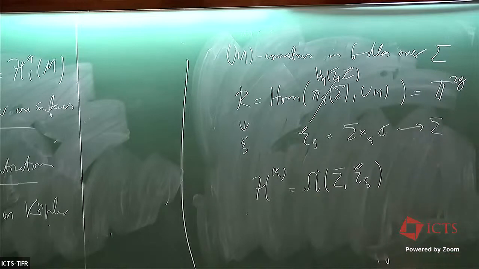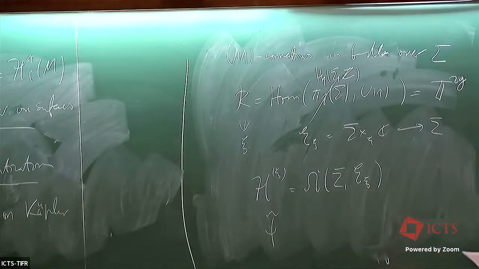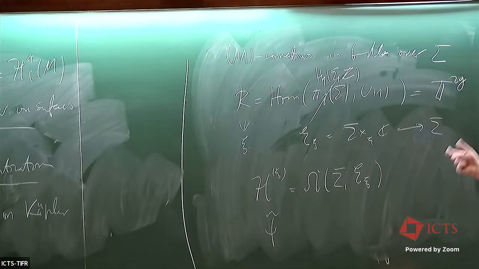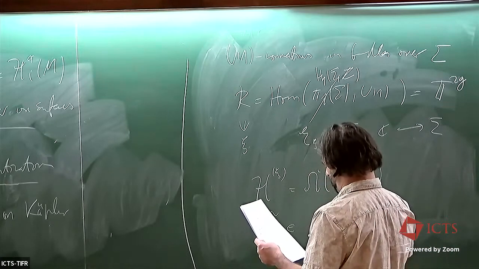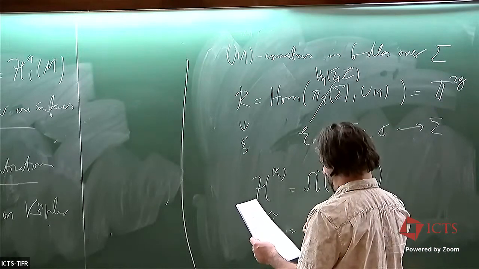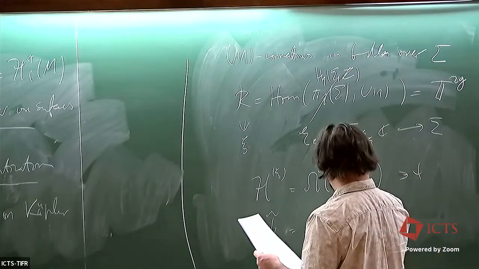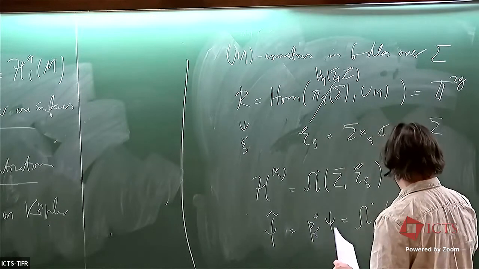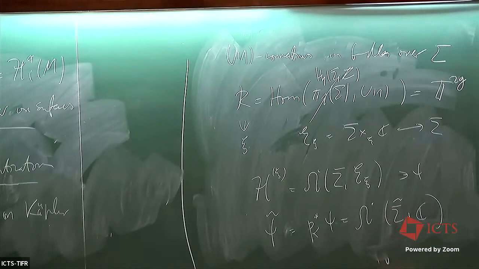So I want to consider these local system valued waveforms as just complex valued forms on the cover. Sorry, a form on the cover.